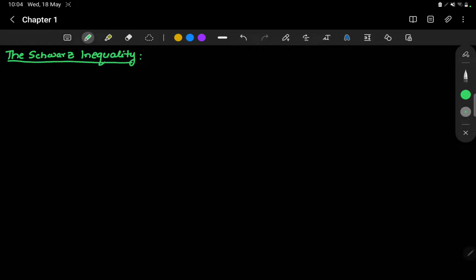The Schwartz inequality theorem says that, let us write down the inequality. Let us write down the triangle inequality also, and then we will discuss a little bit about these inequalities.